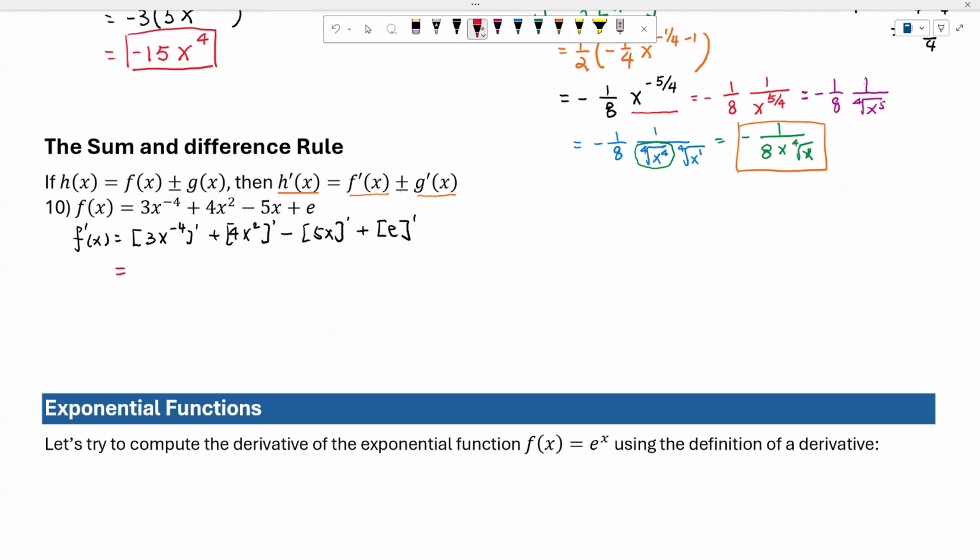Then I would like to apply again the constant multiple rule. So I will have 3 times the derivative of x to the negative 4, plus 4 times the derivative of x squared, minus 5 times the derivative of x. And of course, e is a constant, so the derivative of e is 0.